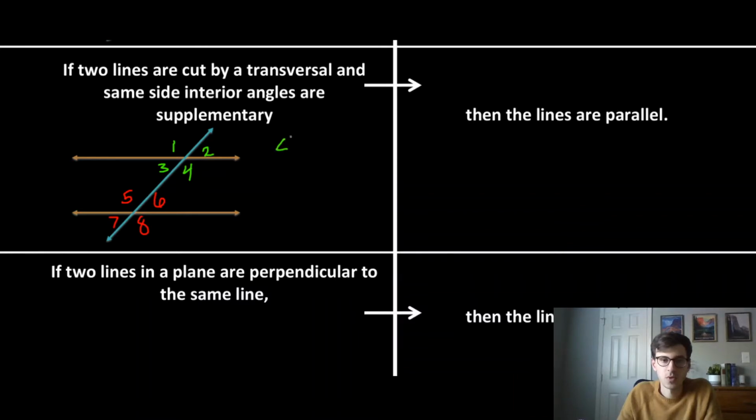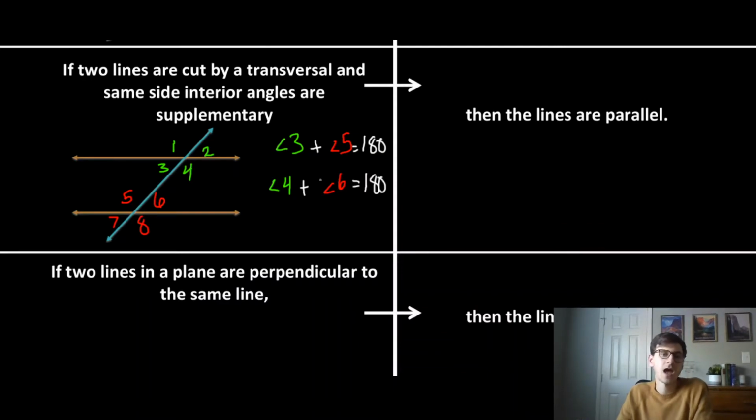If angle 3 and angle 5, or angle 4 and angle 6, if these add to 180, if they're supplementary, then again, the lines are parallel. Just like that.